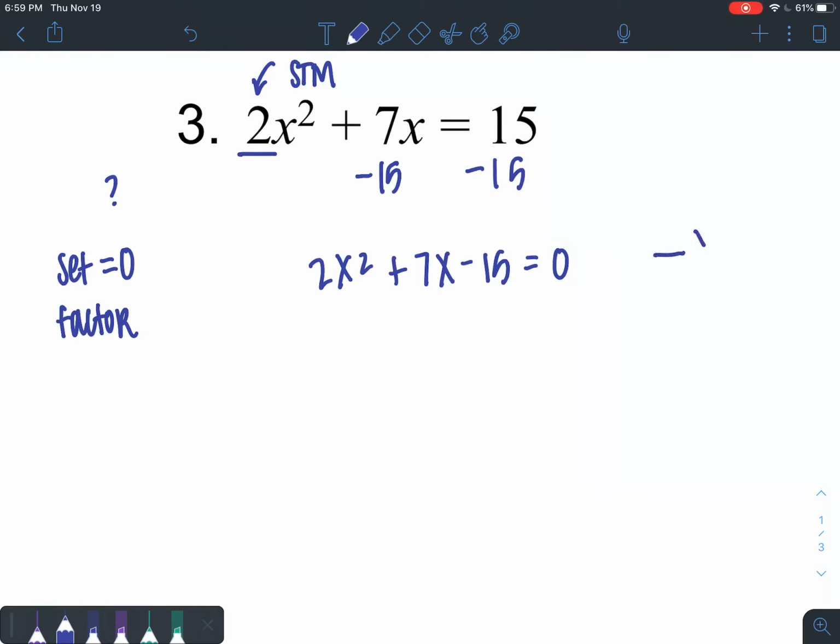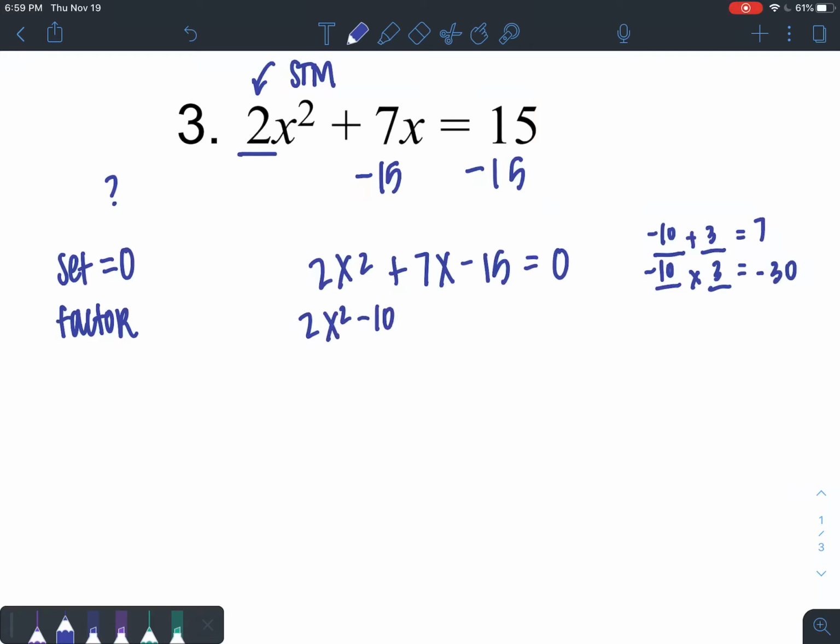So my two numbers, I need to add to be 7 and multiply to be negative 30. And my two numbers are negative 10 and 3.